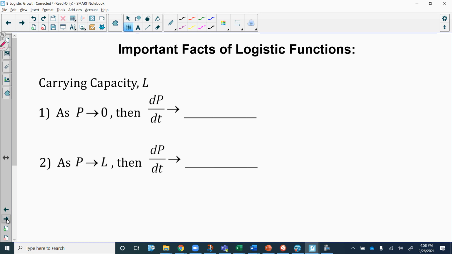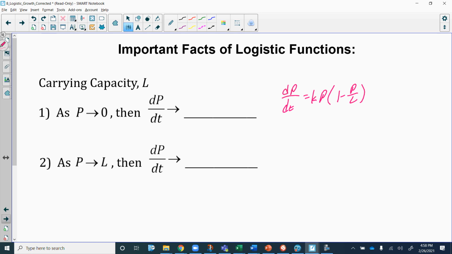So the carrying capacity in this case, let me just go ahead and write out the differential equation. Here we have dP/dt equal to kP times (1 minus P over L).